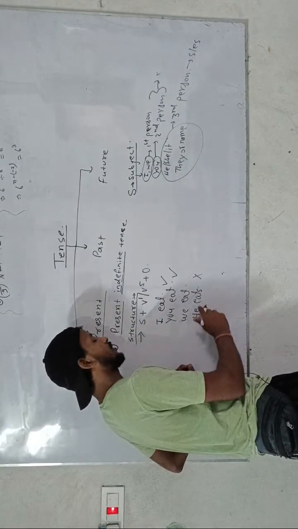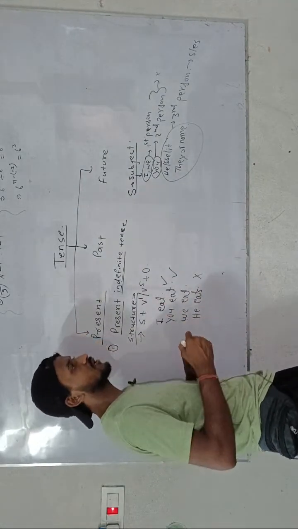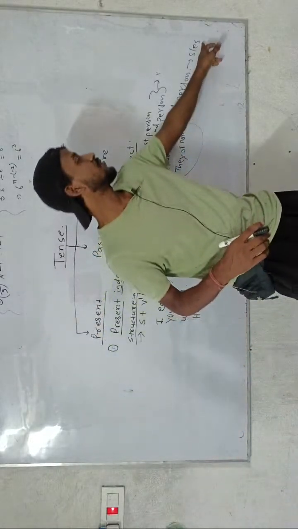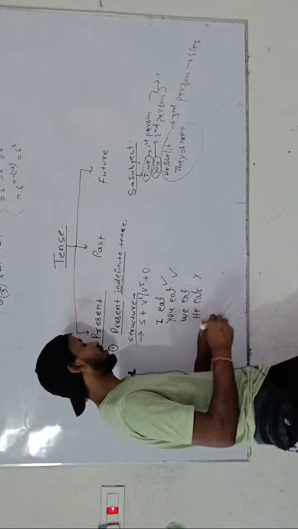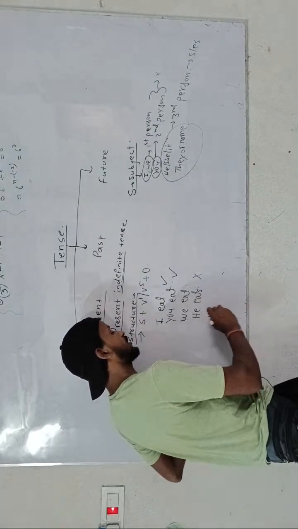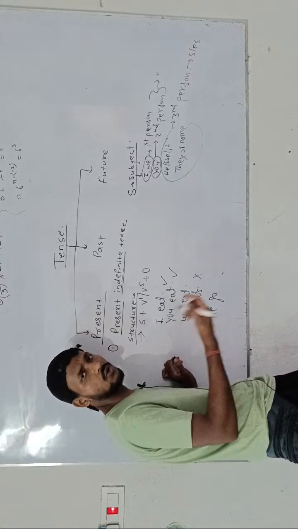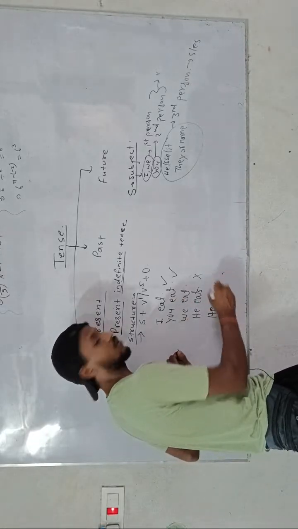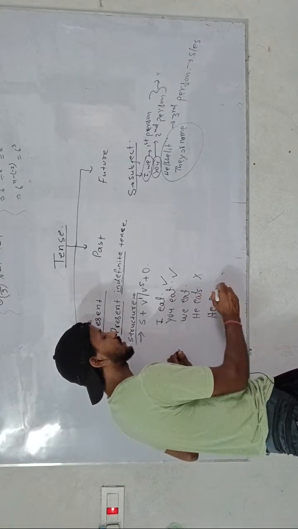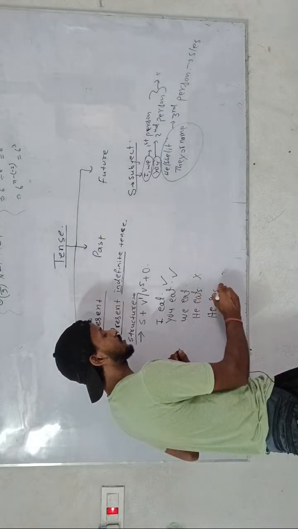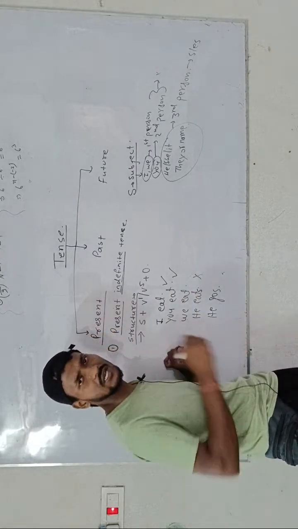Now you might be thinking, why are we putting s here, why not es? Let me tell you, when we write he go, is it correct? No, this is wrong. So we'll put s. Now is it correct?